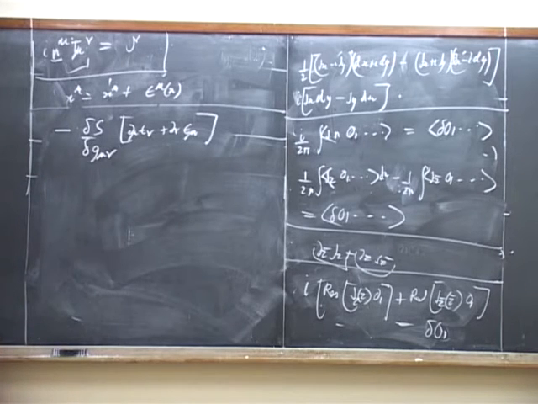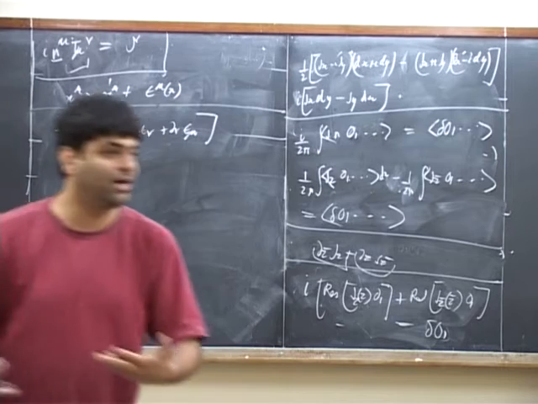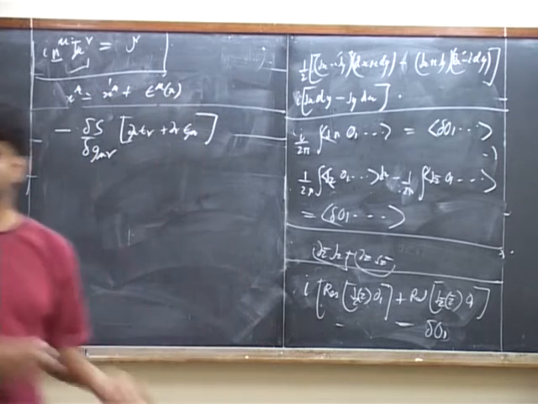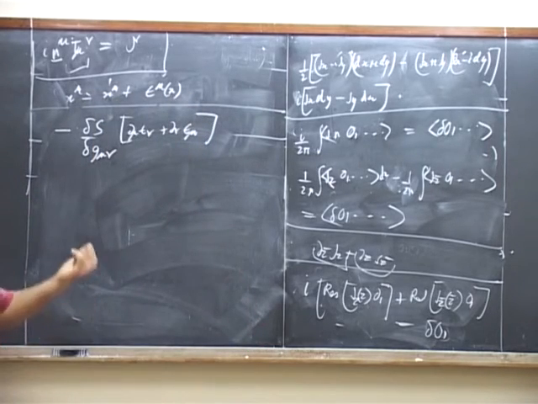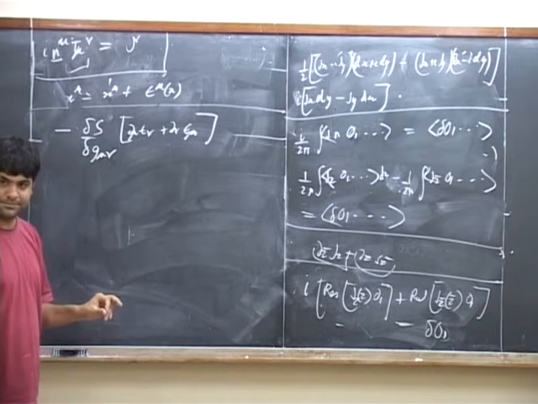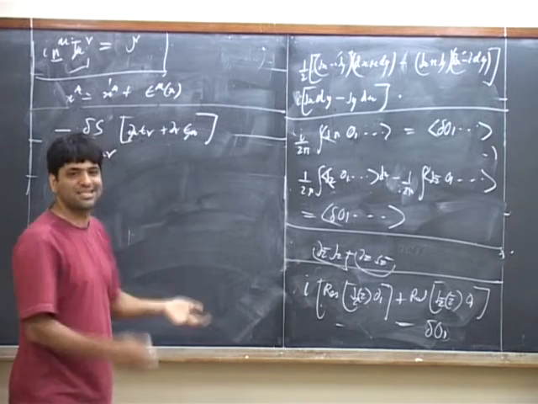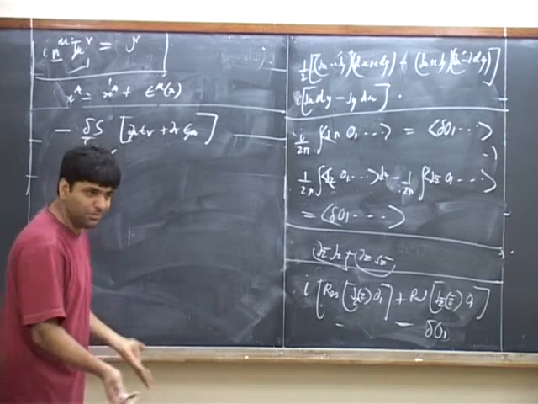Okay, so the Noether procedure asked us to find what the change in the metric was when we made this coordinate change. Using this fancy trick, we know the answer. Now, of course, G mu nu is a symmetric tensor. So this contraction with this and this contraction with this is the same thing, just a factor of 2.